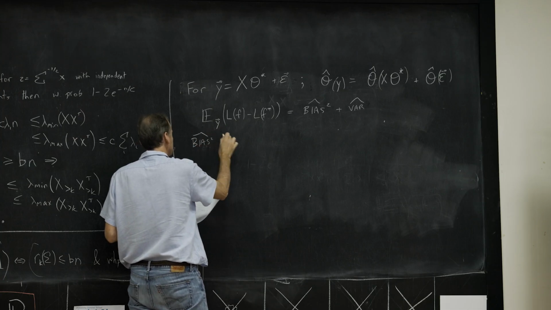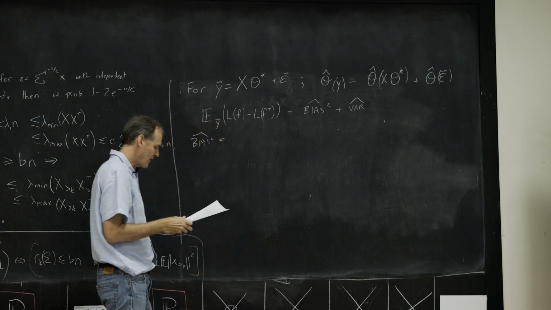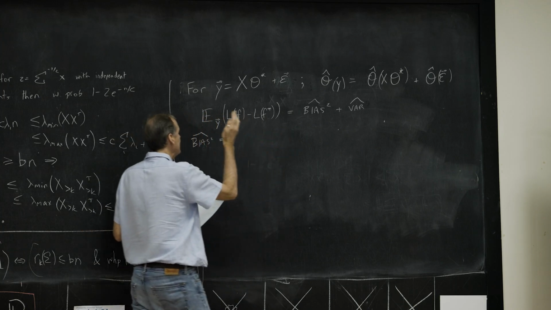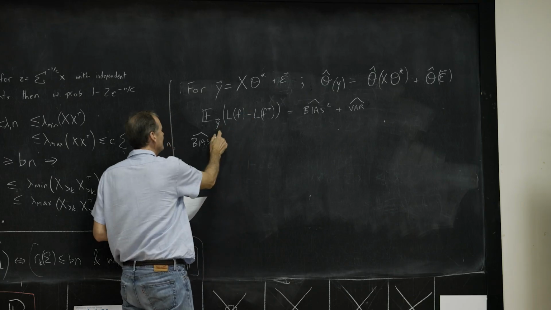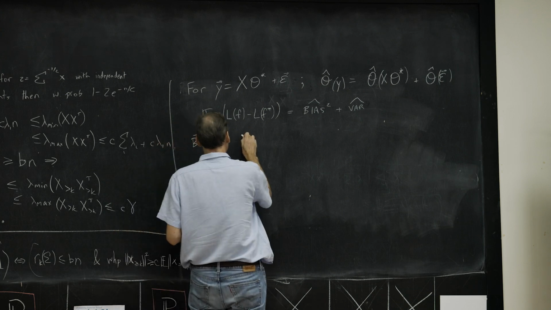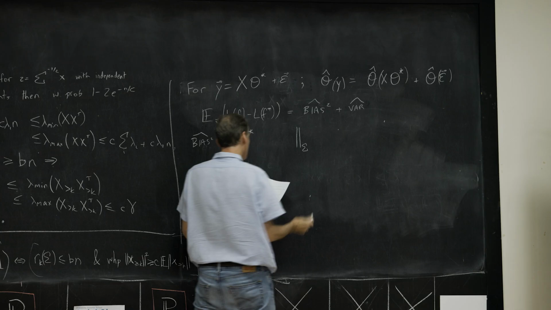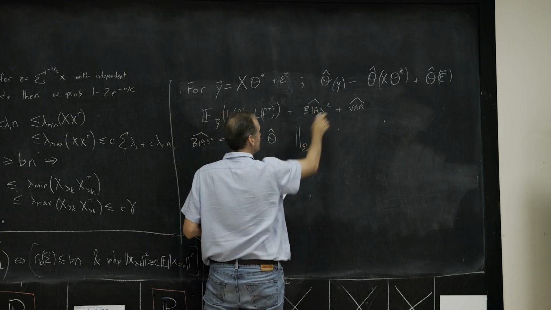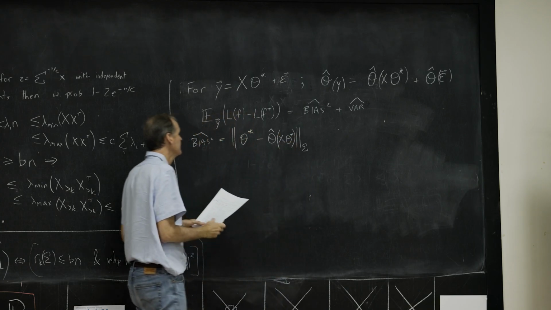The bias squared piece is the expected squared difference between f star and the expectation of f hat, when we average over the y's. This is the Sigma norm of theta star minus the expectation of this linear thing, which when we average over the y's is precisely this.